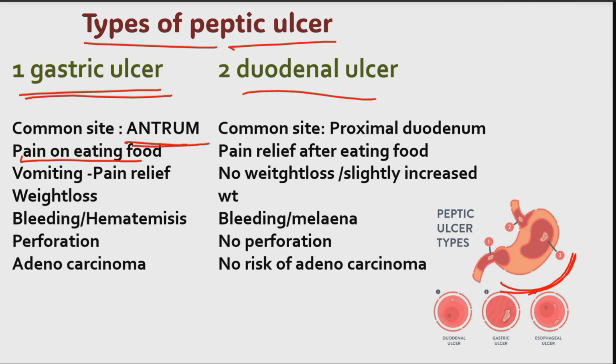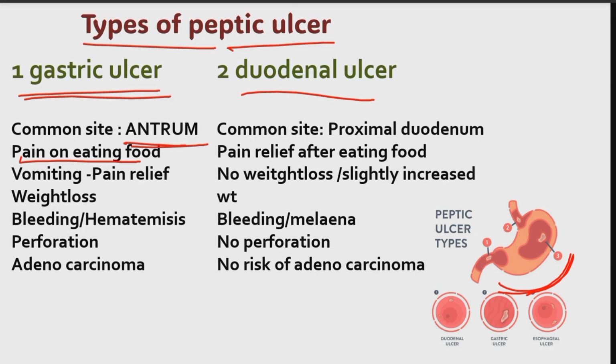Because of this acid production, there will be severe pain after consuming food. Because of this severe pain, the individual is unable to control it and expels all the stomach contents by vomiting. After vomiting, there is pain relief because all the contents with acid are expelled out, so there is not much acid in the stomach.